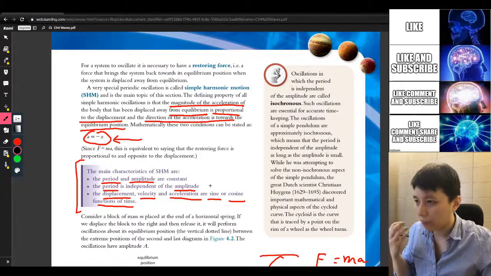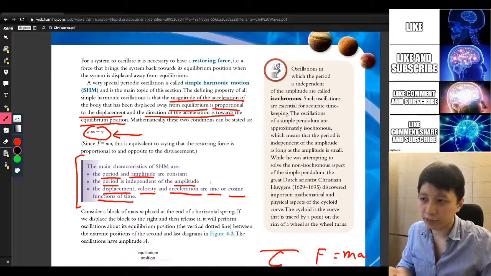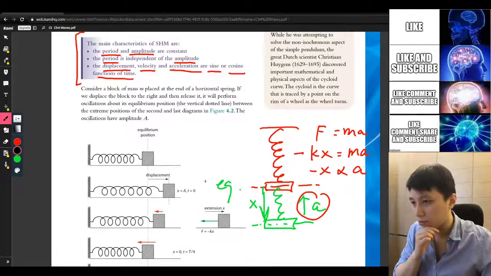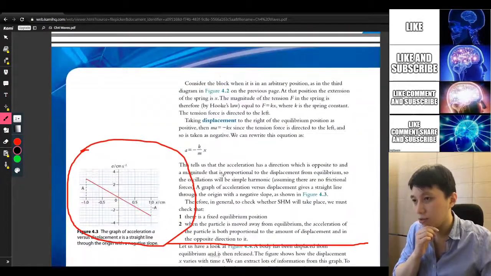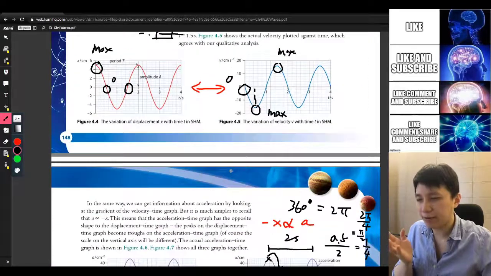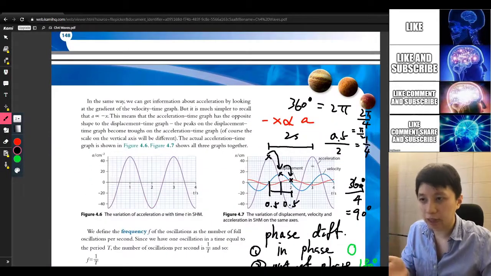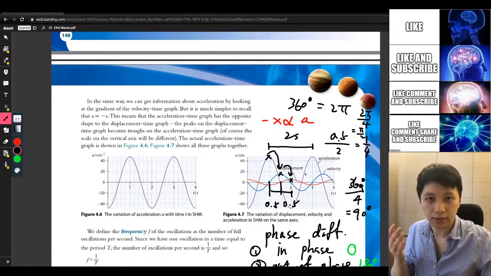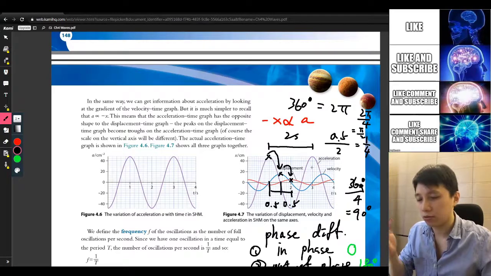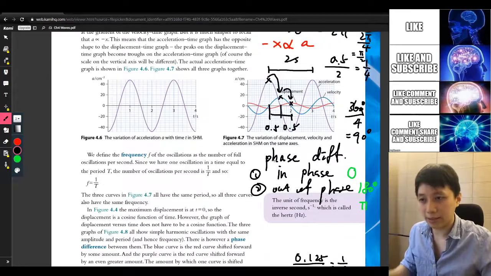You have also learned about the very interesting characteristics of SHM. And lastly, you have also found out the phase difference between the acceleration, velocity, and displacement in simple harmonic motion, and not to mention, of course, the idea of phase difference itself.